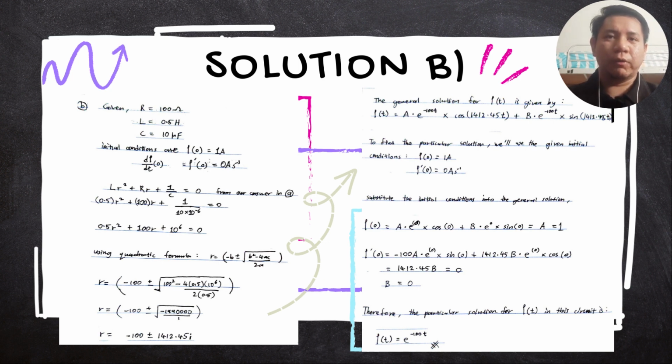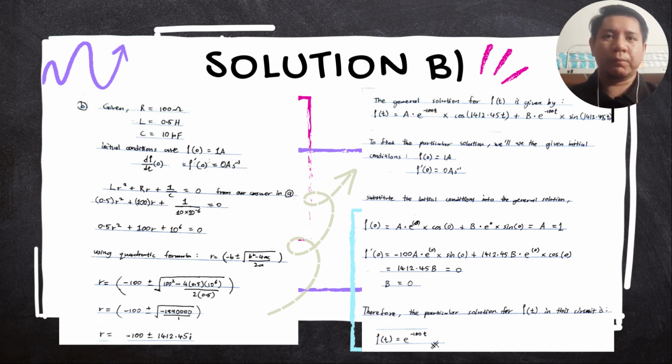Using the quadratic formula, which is r equals negative b plus minus square root of b square minus 4ac over 2a, we substitute in the values and get r equals negative 100 plus minus square root of 100 square minus 4 times 0.5 times 10 to the power of 6, over 2 times 0.5.